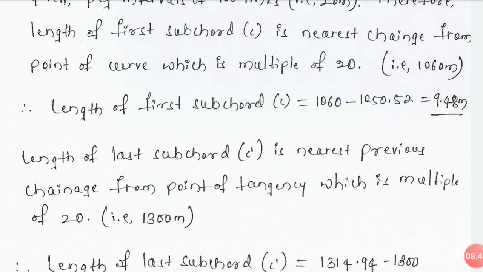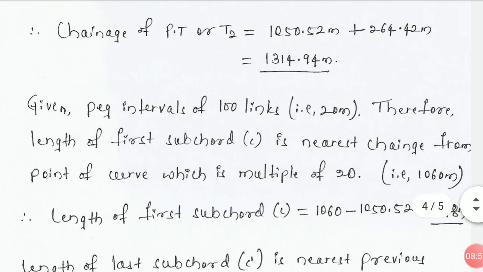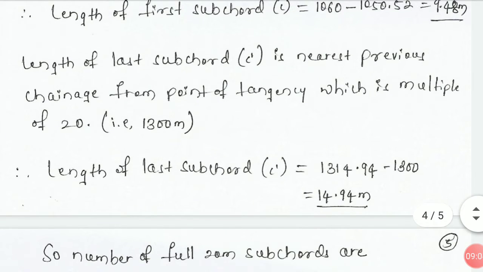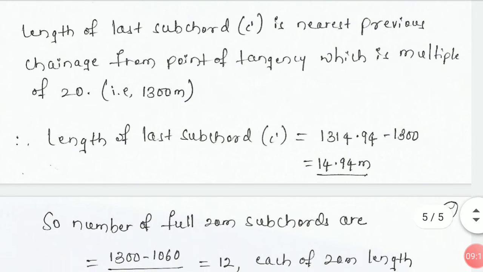It will be the nearest multiple of 20, which is previous to 1314.94 meters, that is 1300. So length of last subchord will be the chainage of last point of the curve minus chainage of previous point, which is multiple of 20, that is 1300 meters. So last subchord is 14.94 meters.